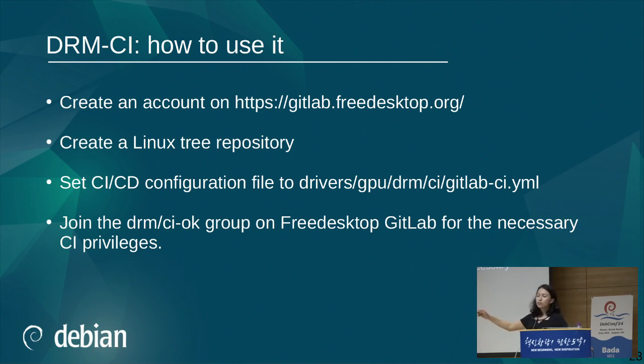And you just need to ask to join this group, the DRM-CI group, so you can have the privileges to use the CI infrastructure, which is basically just sending an email to the community. And then it's done: every time you push your code to your repository, this pipeline will be run.